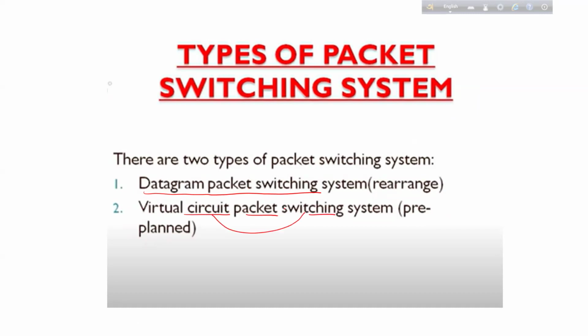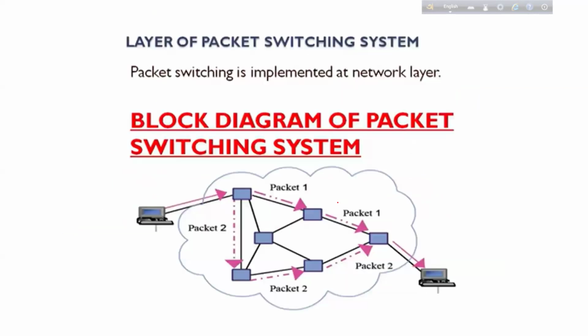We have circuit switching also, we have packet switching also. So in the second method, we are going to have a combination of circuit switching and packet switching. Okay. So let's see the datagram packet switching first.